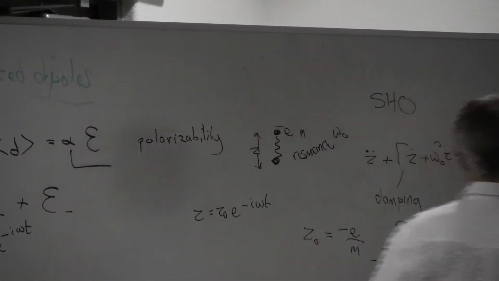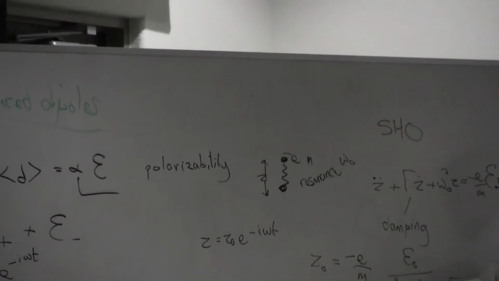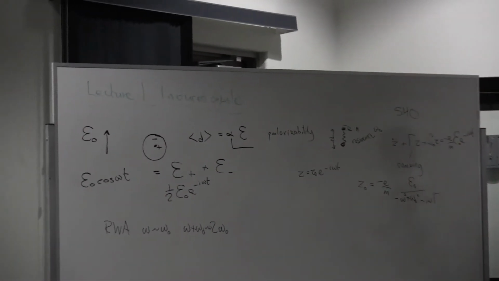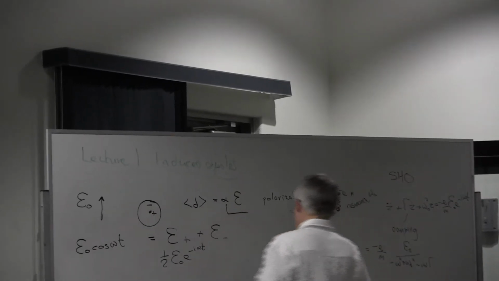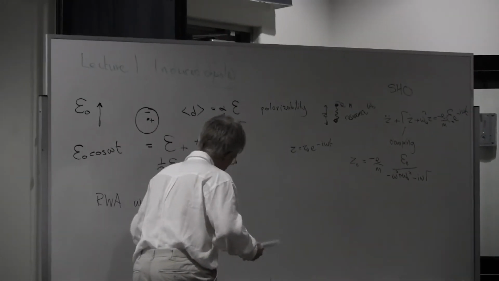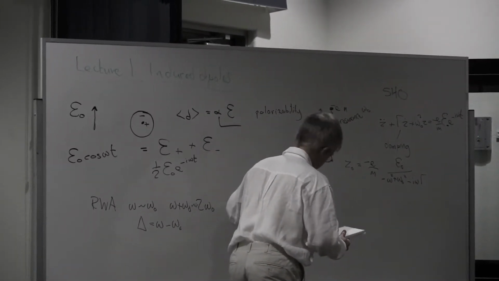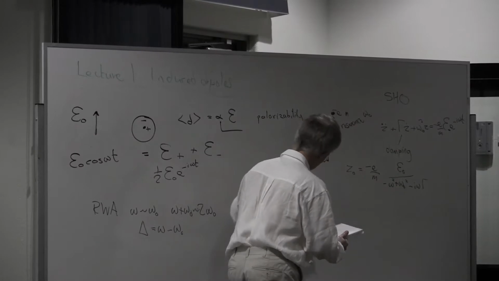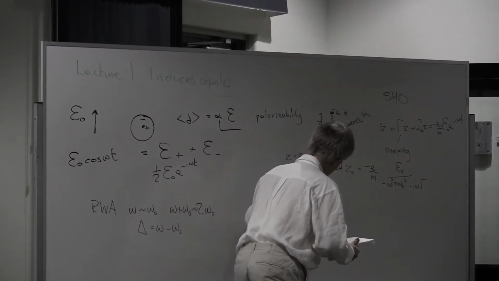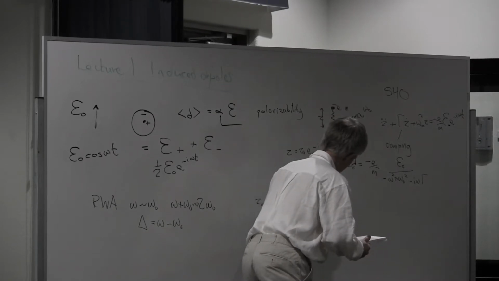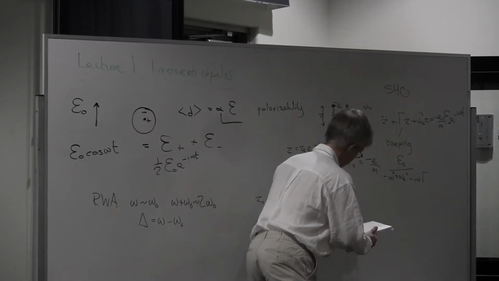Now why do I do that? Well, because it basically modifies this term. So I can factorize this as an omega plus omega naught and an omega minus omega naught. And then I call delta the difference, the detuning, omega minus omega naught. And then the solution becomes e over m omega naught, and then 1 over 2 delta minus i gamma.